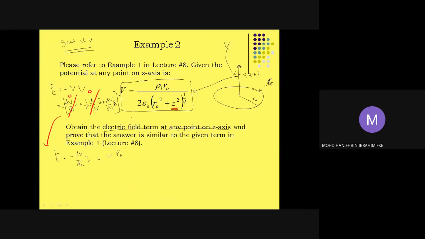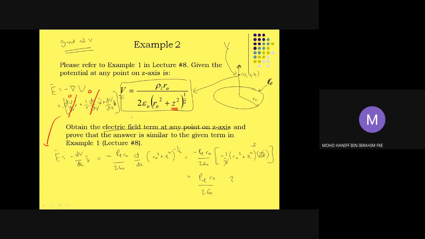We are going to have negative rho L R naught over 2 epsilon naught, d over dz of R naught squared plus Z squared to the power of negative half. That gives us negative half, R naught squared plus Z squared, and 2Z. So the 2 can be cancelled out, and you are going to have positive rho L R naught over 2 epsilon naught, and sorry, that should be a negative 3 over 2.